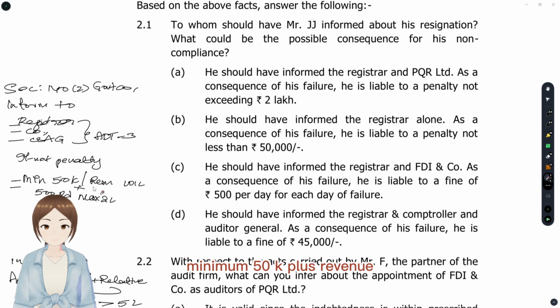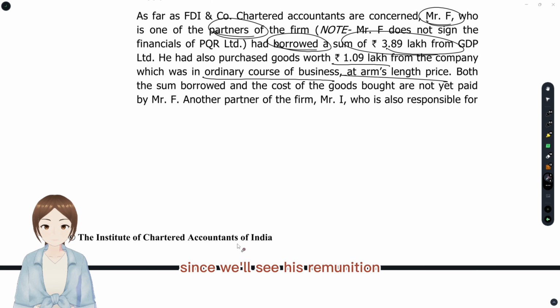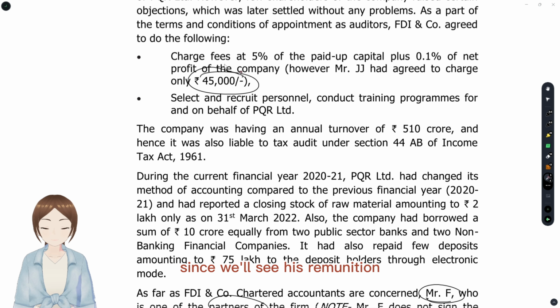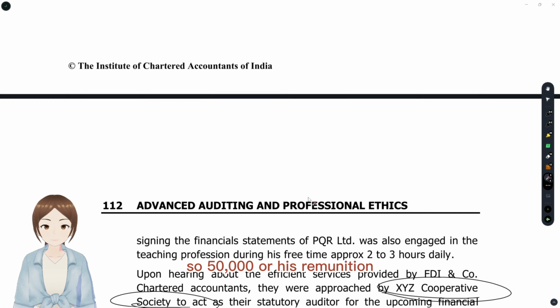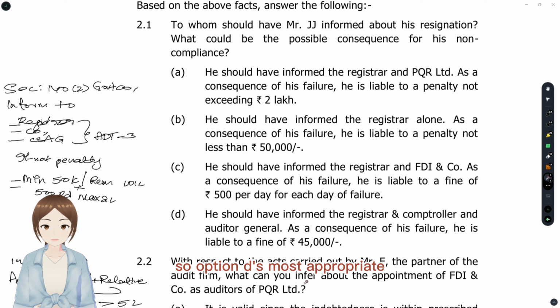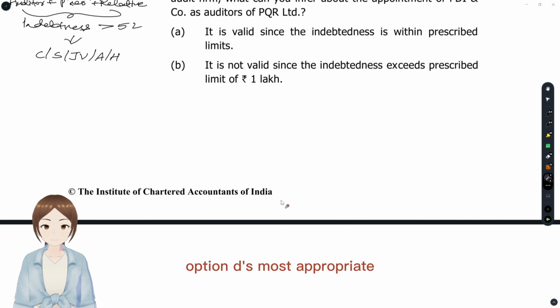Minimum 50K or remuneration, whichever is lower, plus 500 per day for continuous failure, for a maximum of 2 lakhs. Since we'll see his remuneration, his remuneration is 45,000. So 50,000 or his remuneration, whichever is lower. So option D is the most appropriate answer. The registrar, C&AG, and also as a consequence of his failure, he has to pay a fine of 45,000. Option D is most appropriate.